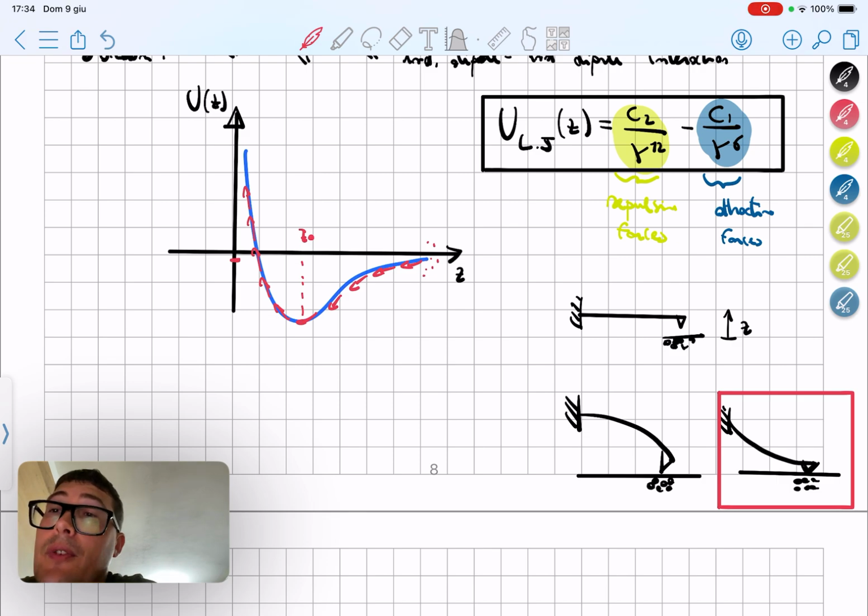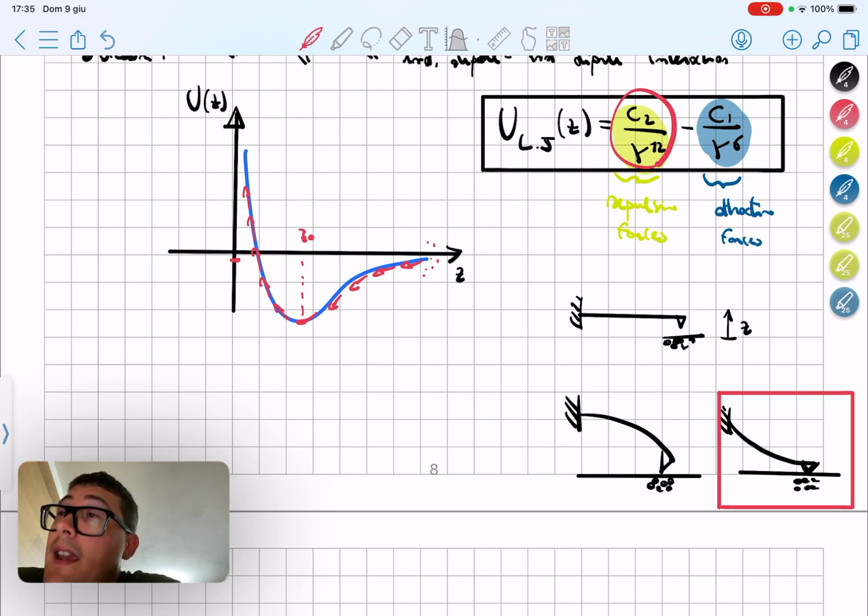If R is very little, we will see that this part here will go to zero much more quickly than the other part, because it's elevated to the power 12, the other one is elevated to the power 6. So if R is bigger than a certain value, that goes to zero, and the predominant effect is the blue one, the attractive forces.